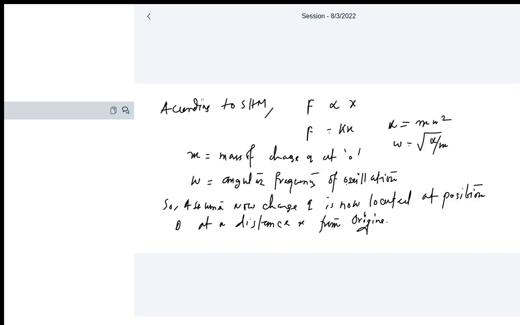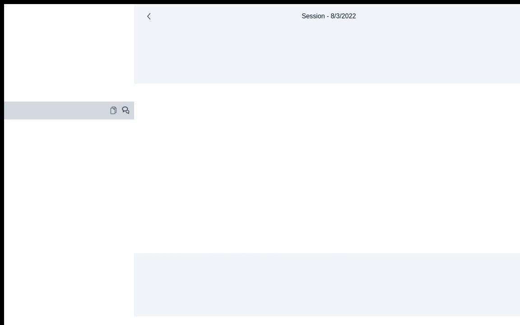Now we can simplify this expression in summation form. It equals Q upon 4 pi epsilon naught times the summation over i from 1 to N of Qi upon Ri square Ri cap.